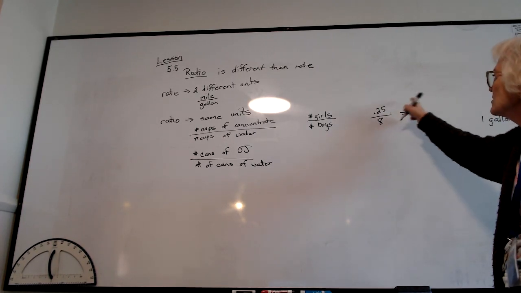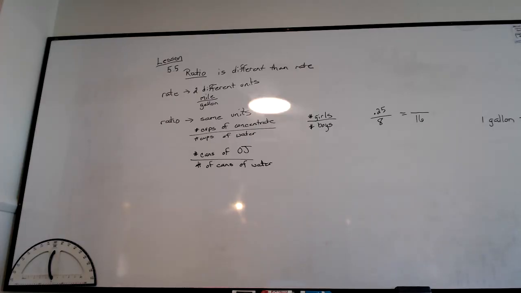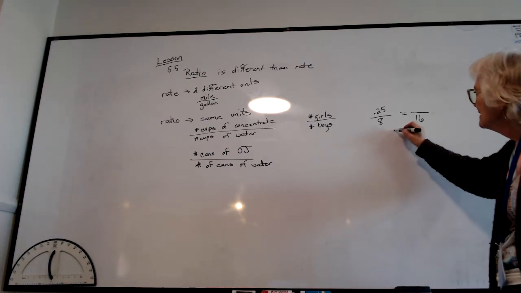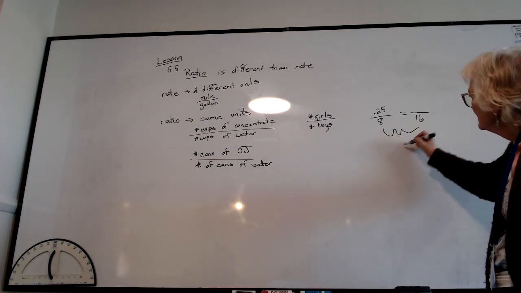We want to know how much concentrate I'm going to put in it. Now, hopefully you guys can figure that out. If I double the amount of water, how much do I put of the concentrate? It's a quarter cup right now. How much am I going to put? So I doubled this, right? You doubled that.